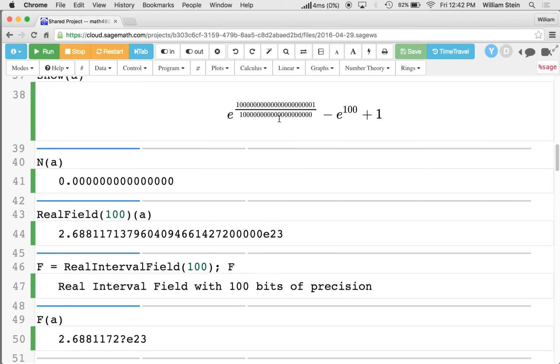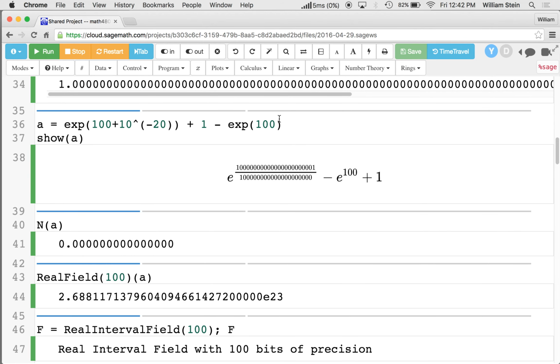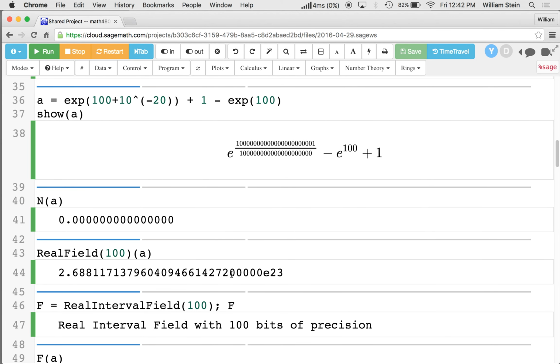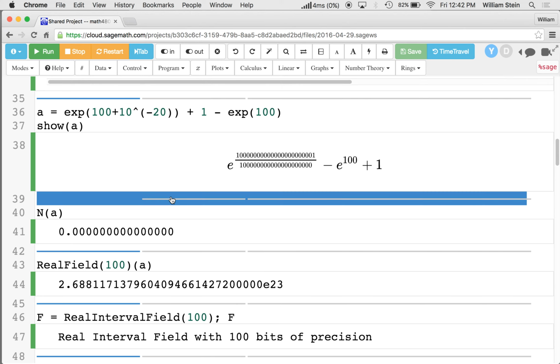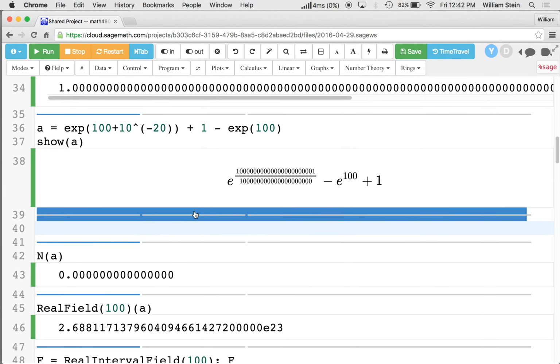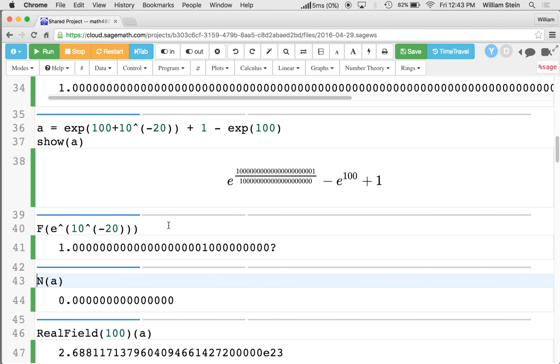Well, there is this extra little thing. It's kind of like close to 1, but it's not really that close to 1, because it's 10 to the minus 20. So it's actually right, but let's see, e to the power of 10 to the minus 20. So we're working with very big numbers here. So, let's see, real interval field.